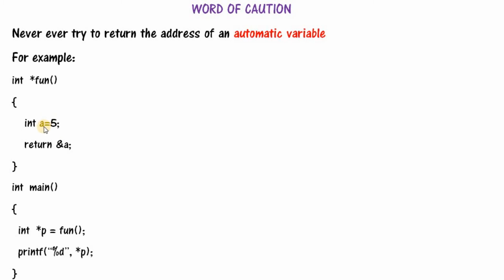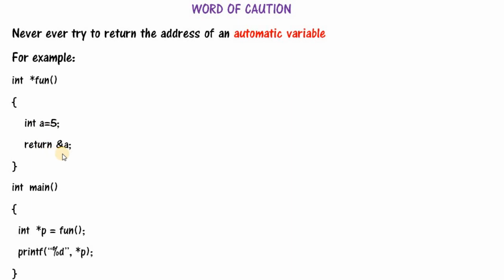A is the automatic variable, that is the local variable of this function. A will contain value 5, and we are trying to return the address of this variable.